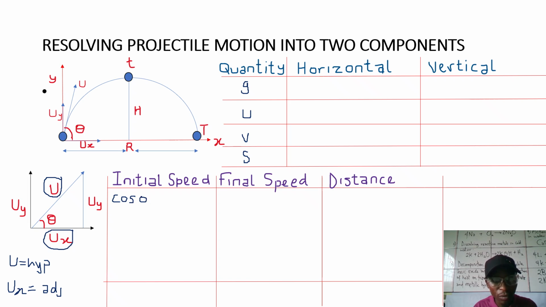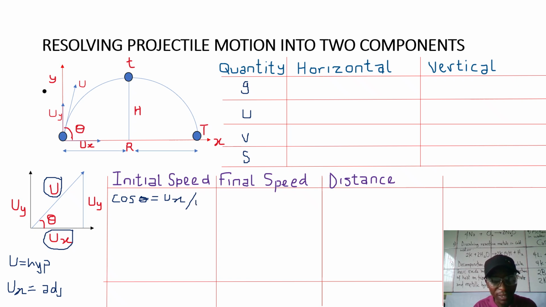equal to adjacent, and our adjacent is ux, over hypotenuse, and hypotenuse is u.